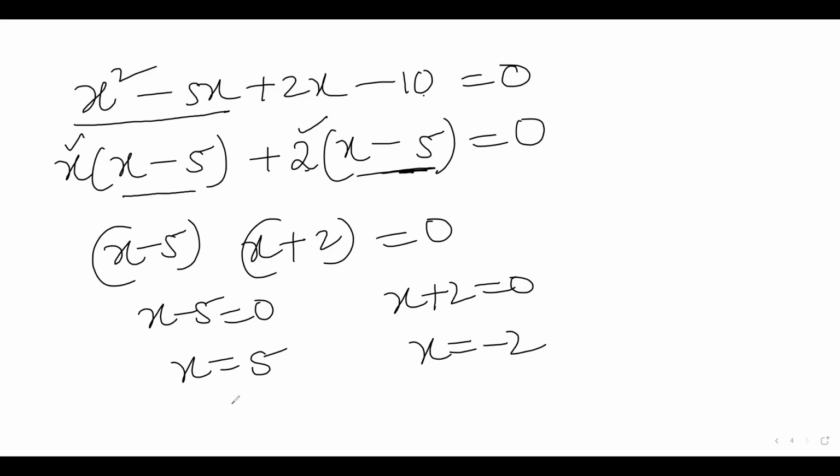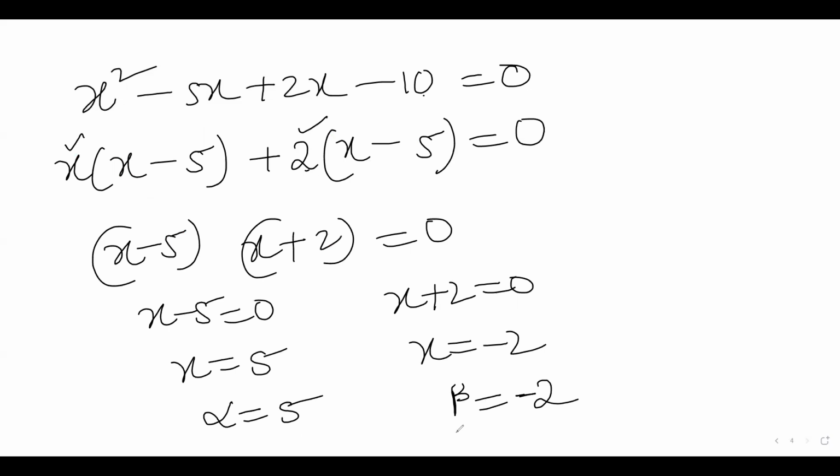So one value of x is called alpha, the other value of x is called beta. Got it? So we got two values of x, one is alpha, one is beta. So through factorization, I got alpha, beta, which are roots of the quadratic equation.